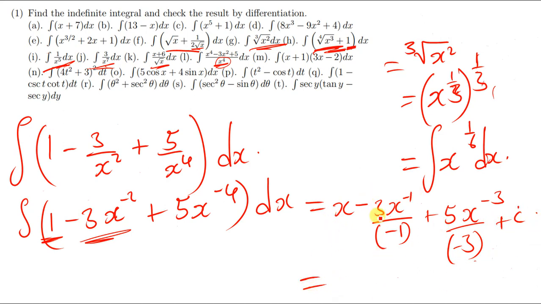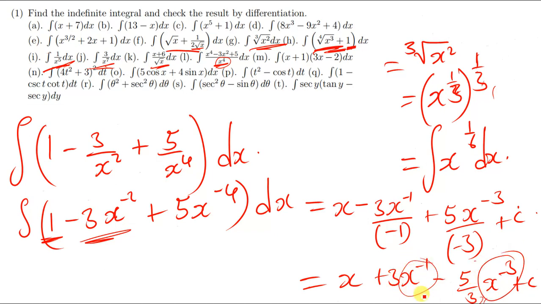So what you just need to do here is to divide everything directly. So we have x there, negative 1 and negative 3 will give us positive 3, then we have x to the power negative 1. Then we also have this part, which will be negative 5 over 3, x to the power negative 3, then plus c. You can just take these parts as the denominator so that the powers become positive.